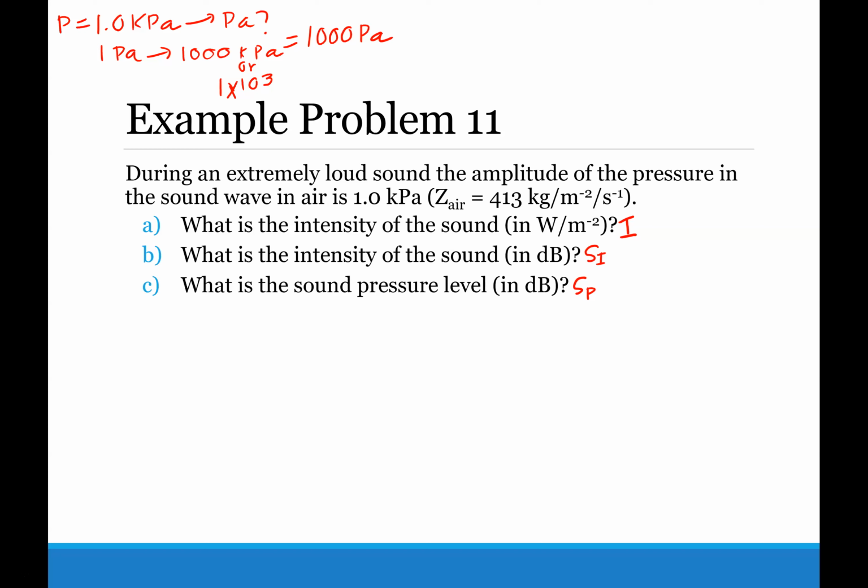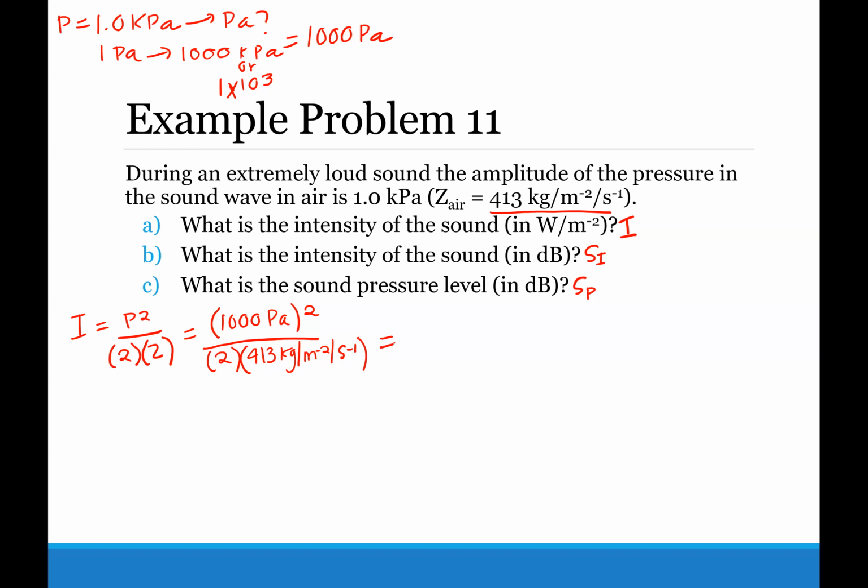Now we need to go ahead and calculate intensity. And so if you remember from earlier, the formula for intensity is pressure squared divided by the number 2 times Z. So we have 1,000 pascals squared divided by the number 2, and then Z, which is 413 according to the problem right here, kilograms, meters minus 2, seconds minus 1.